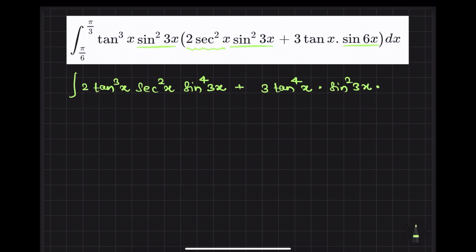6x. Can I break down that sine 6x into something? Okay. So it will become what? 2 sin 3x cos 3x. So 2 and 3 will become what? 6. So 2 sin 3x and cos 3x.